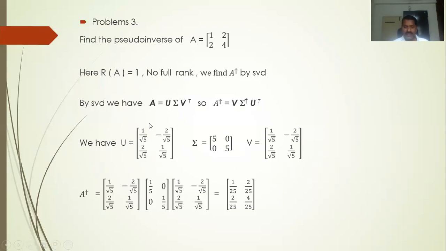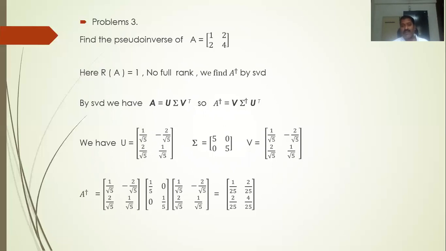So you get the SVD by calculating the left singular vectors and right singular vectors: get A A transpose, get A transpose A, get their eigenvalues, get their eigenvectors. A A transpose and A transpose A, their eigenvalues are 25 and 0.